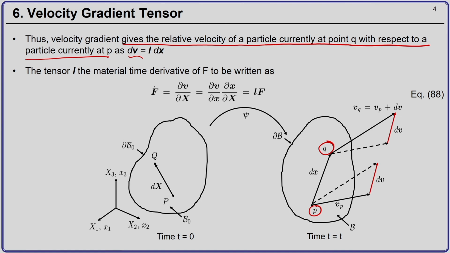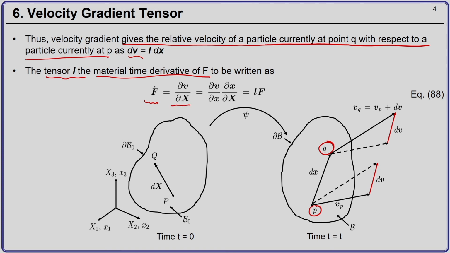Now, the tensor L can be used to express the material time derivative of F as follows. F dot is del v by del X, this we already know.